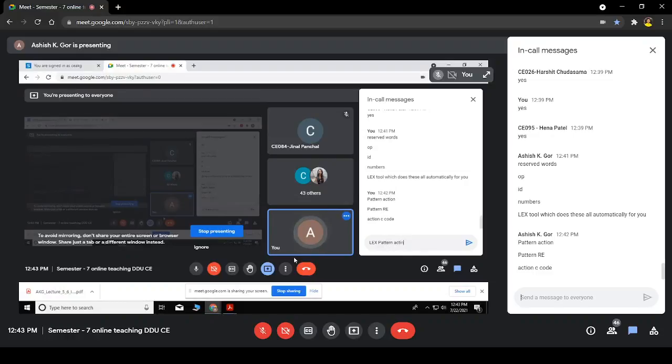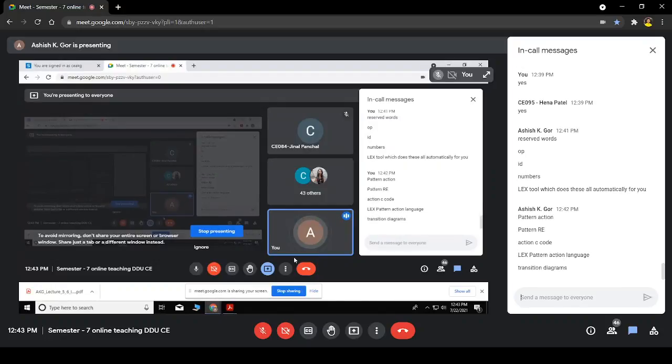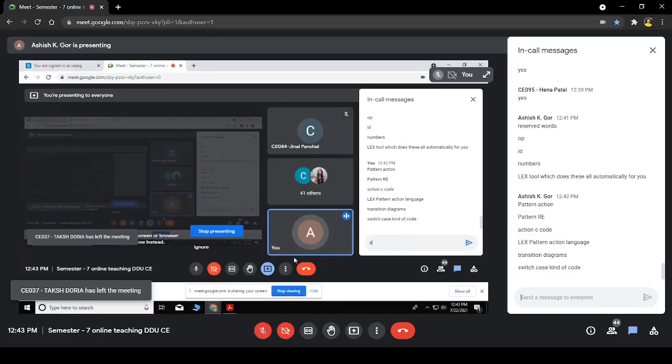Just 2 minutes, then I am leaving. Whatever you write is automatically converted to transition diagrams, and from the diagrams, this switch case kind of code is automatically generated.